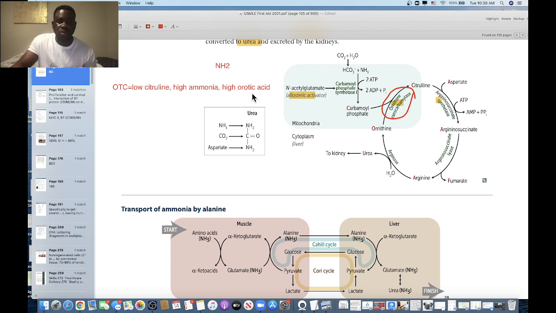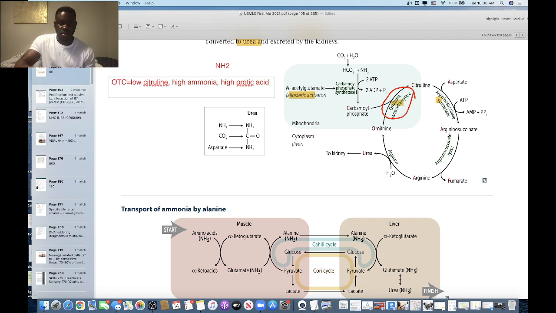Now, the next thing that you want to differentiate it from is the carbamyl phosphate deficiency itself. So I'll call it CPS deficiency, the carbamyl phosphate synthase deficiency.